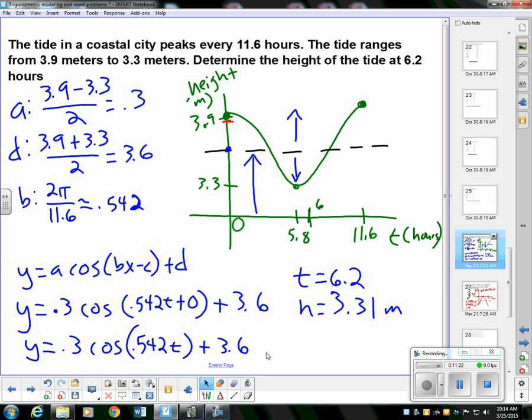Then we just find A, B, and D, and C is going to be 0 because we chose cosine to not have a shift, and the rest is pretty much all algebraic. We found our function at the bottom of the screen there, and then we want to know when t is 6.2 hours, what is h? Plug in 6.2 for the t, work it through, and you get an h of 3.31. All right, so I hope you found this helpful.